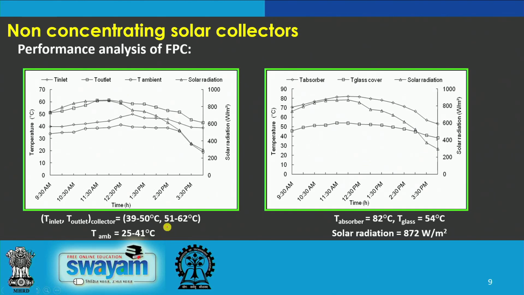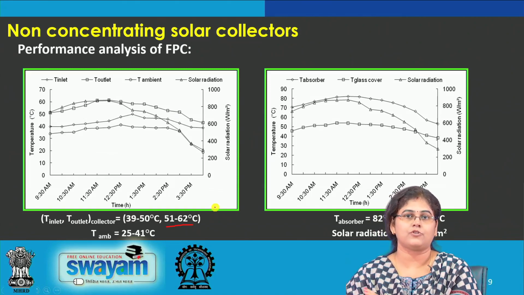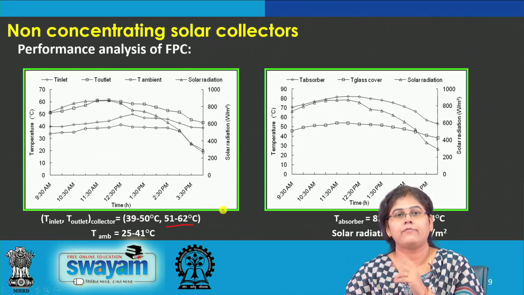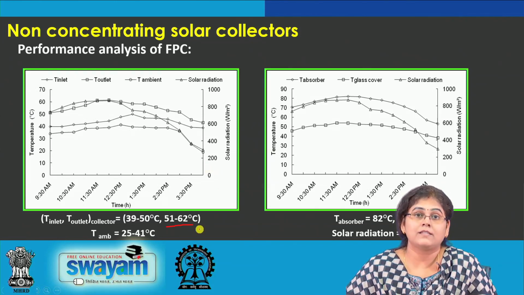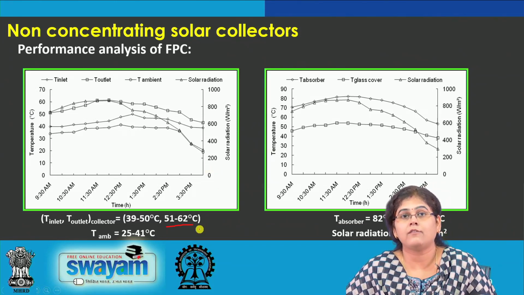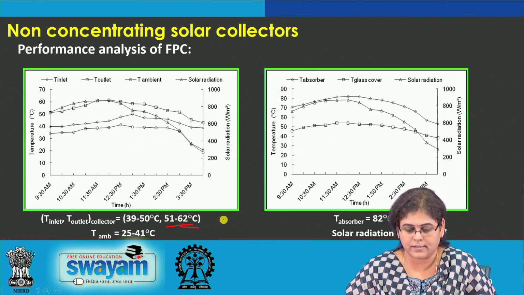The range of 51 to 62 degree is the hot air outlet temperature from the collector, which is used for any particular process application, and is very suitable for different process applications in the food industries. One of them, very importantly, is the drying of food products, because drying needs low temperature application for sensitive food commodities, and that is what we are getting from these flat plate collectors.